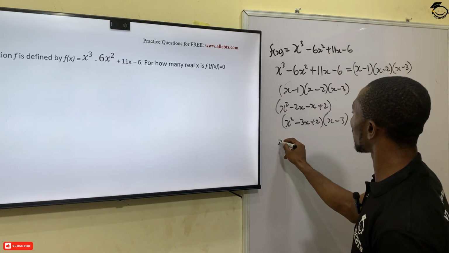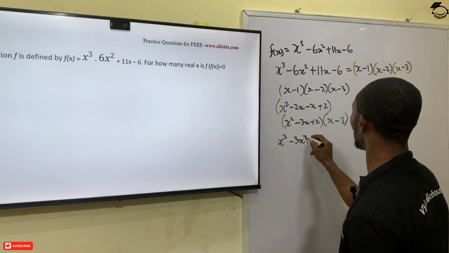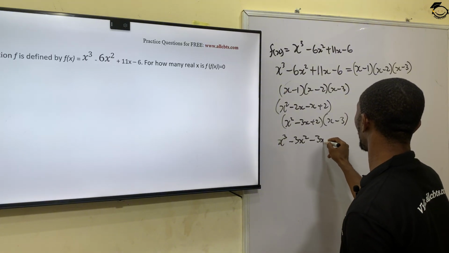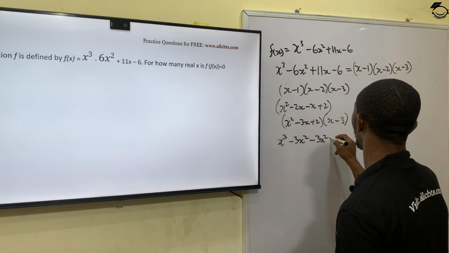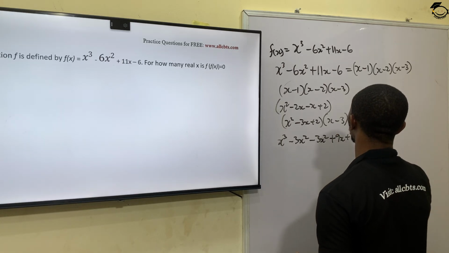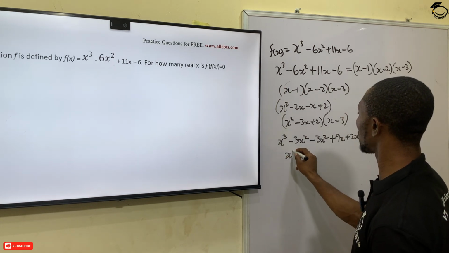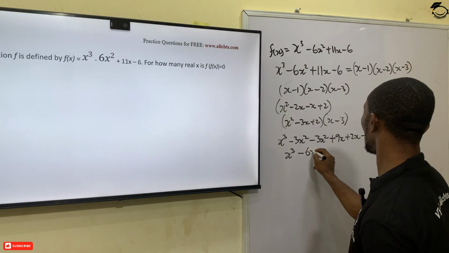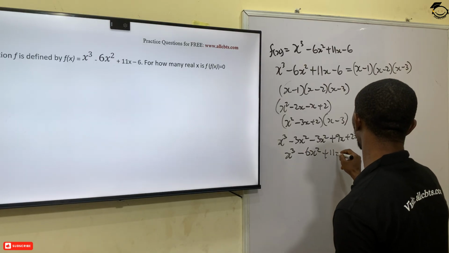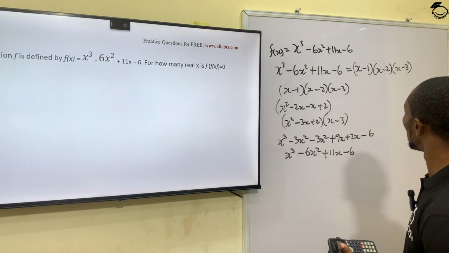So this we have as x cubed minus 3x squared minus 3x squared plus 9x plus 2x and minus 6. So at the end of the day, we'll be having x cubed minus 6x squared plus 11x minus 6, which gives rise to our original equation.